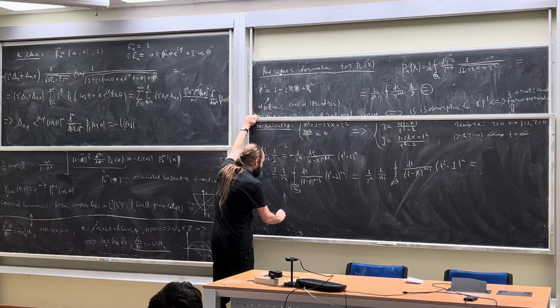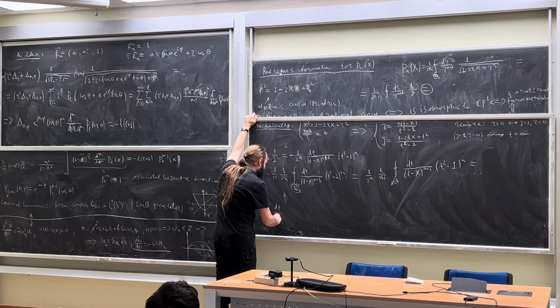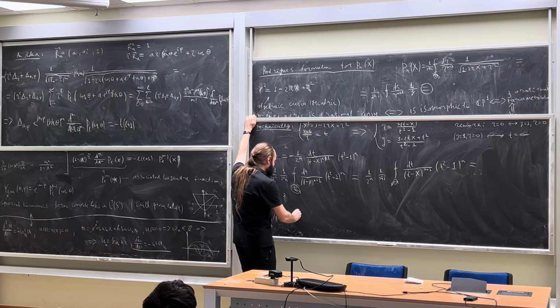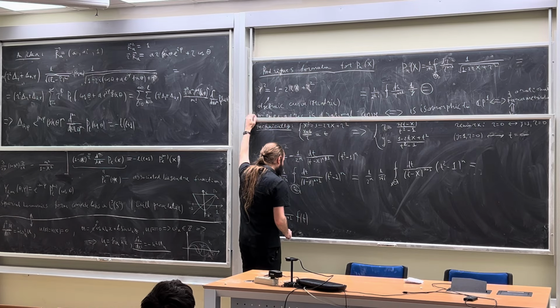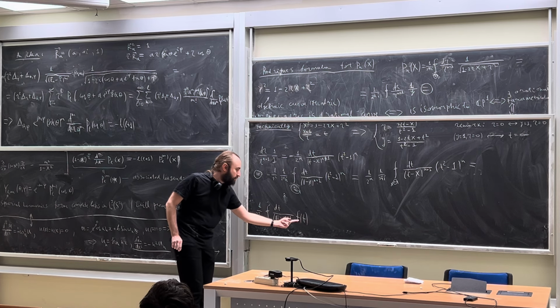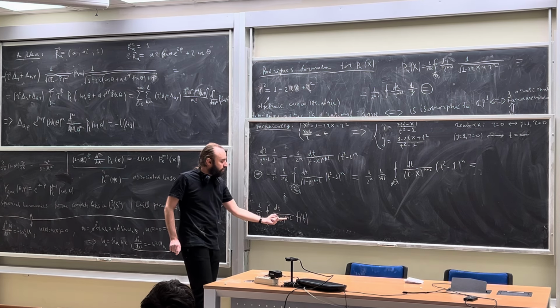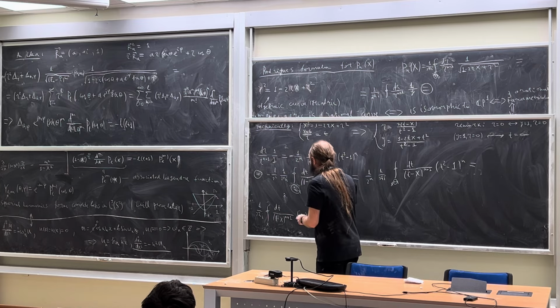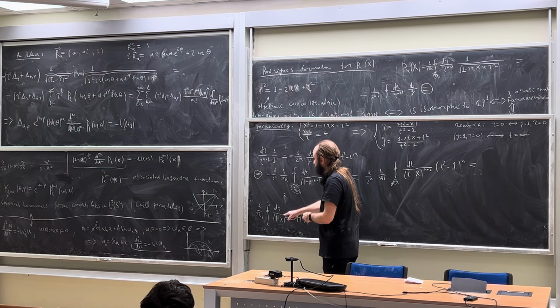So what should we do? We have this expression dt over t minus x to the n plus 1 times some function of t. Of course, if we compute an integral like this, it would be 0 unless n equals 0. But here we should also expand this function of t in powers of t minus x.